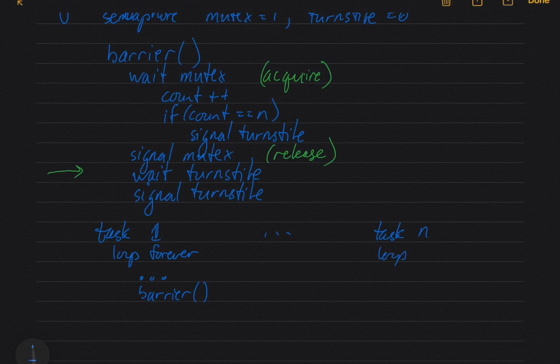I'll copy this over for task n. And then they can continue. Now I put this barrier in a loop, and we're going to see that there's actually a problem that this barrier is not actually reusable, but we'll address that.